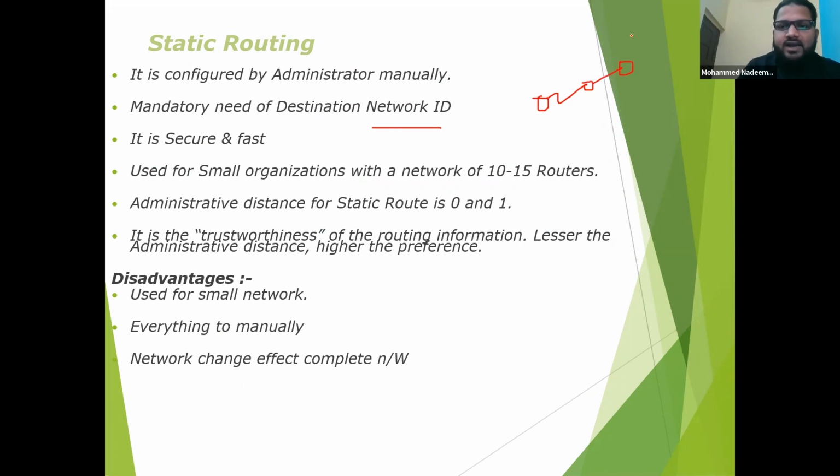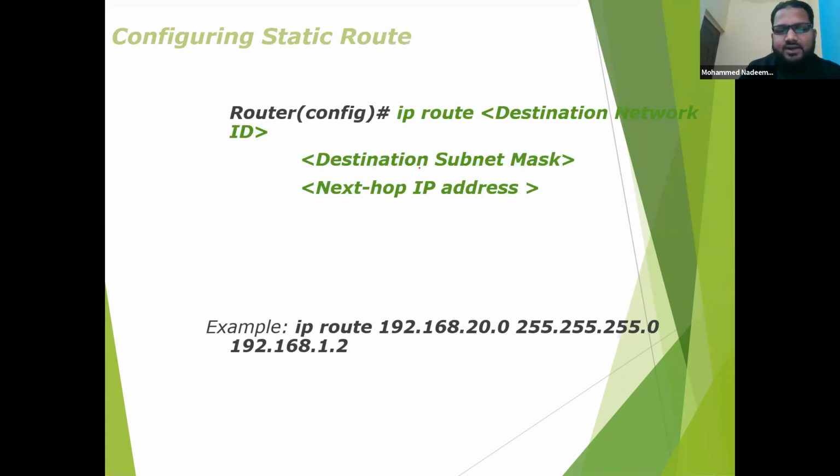If tomorrow you add another network, another branch, then you need to go and modify each and every router and statically say that, let's say, the UK LAN is added. So you go and add it everywhere. Manual work is there, so it is used for smaller networks. What is the command? ip route, destination, subnet mask, and the next hop. Only a simple command configuration for static routing.